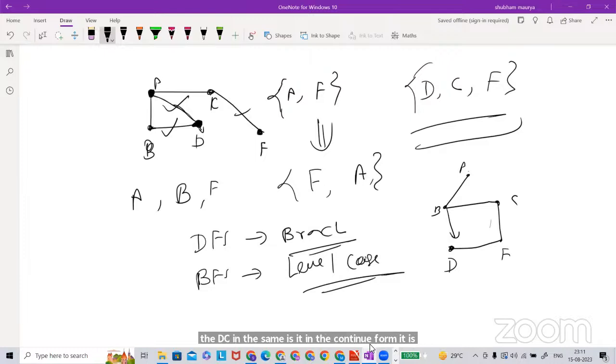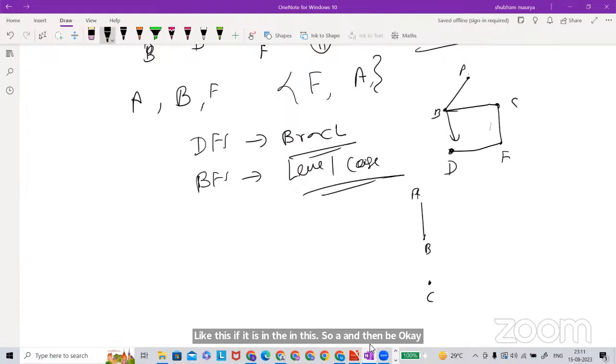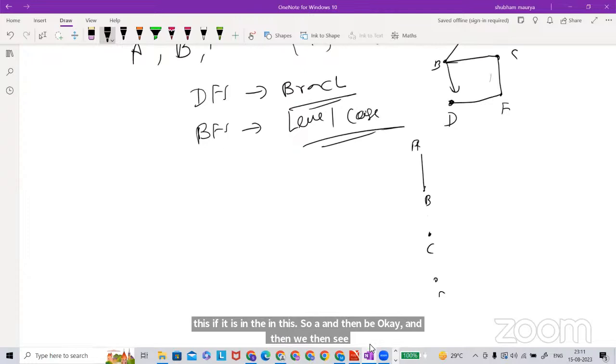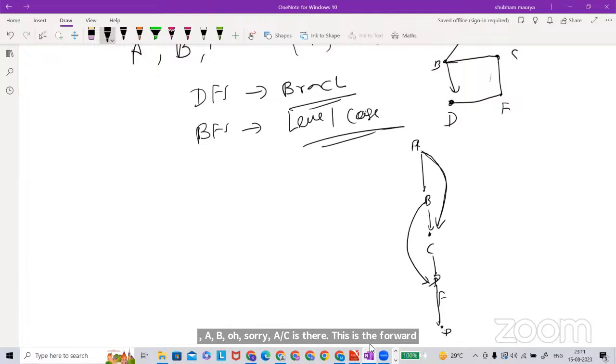Like this. Suppose I write A and then B, then C, then F, and then D is here. So AC is there. This is the forward edge, and B and D is there. This is the forward edge, right?